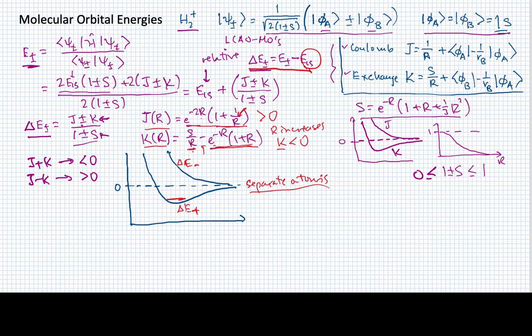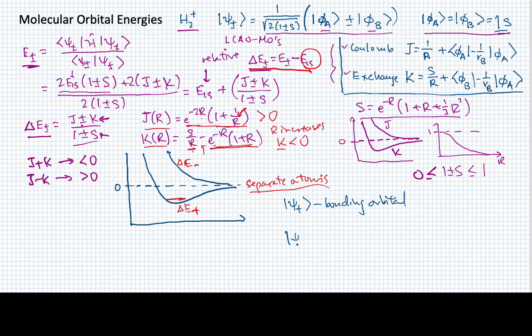All right, so this is a very interesting result. It basically tells us that our plus combination is one that results in a more stable form. So we're going to call this a bonding orbital. It's one where these two find a lower energy when they are bound together.